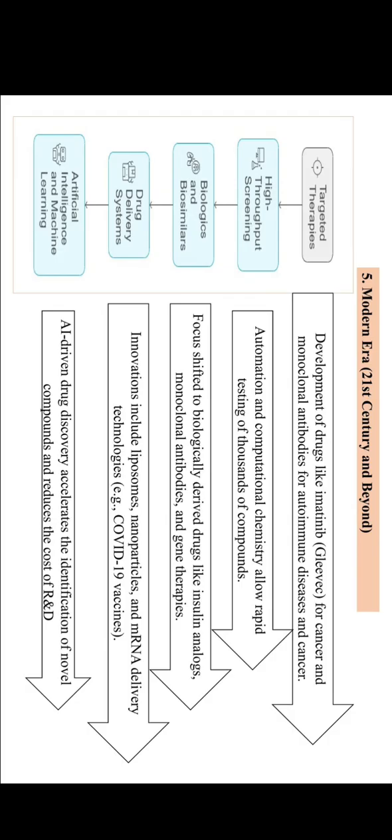Focus shifted to biologically derived drugs like insulin analogs, monoclonal antibodies, and gene therapies. Innovations include liposomes, nanoparticles, and mRNA delivery techniques, for example COVID-19 vaccines. AI-driven drug discovery accelerated the identification of novel compounds and reduces the cost of research and development.